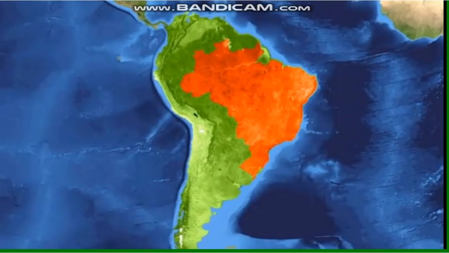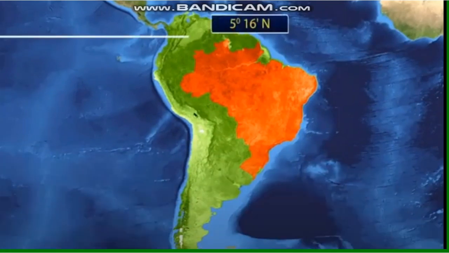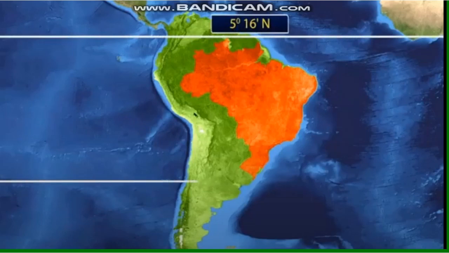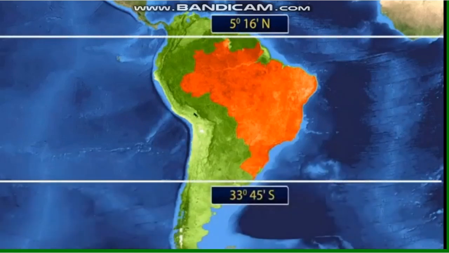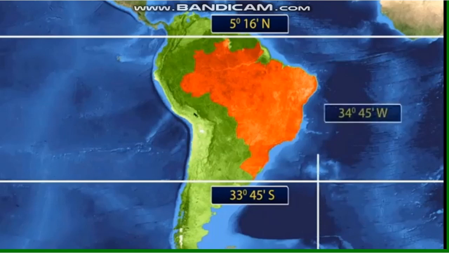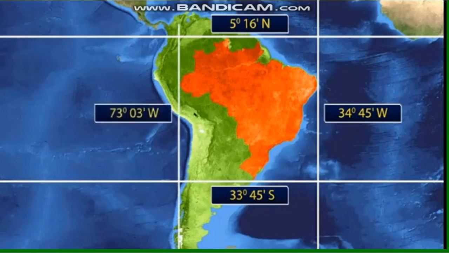Brazil is a densely populated country from the continent of South America. It ranks 5th in the world in terms of area. Brazil extends between the latitude of 5 degrees 16 minutes north to 33 degrees 45 minutes south, between the longitude of 34 degrees 45 minutes west and 73 degrees 3 minutes west.